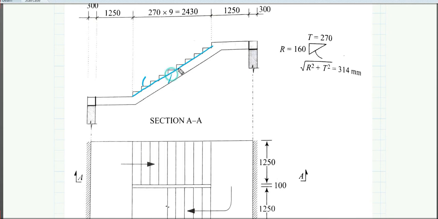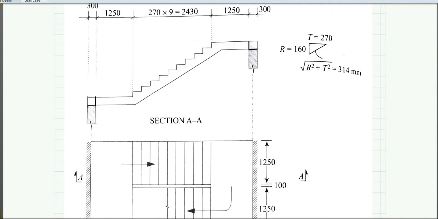The self weight of the waist slab should be considered, then the weight of the steps, as well as the finishing load and live load. While considering the landing, you have to consider its self weight, with a thickness of 200 mm, so the self weight will be somewhat less. There will be no steps, so only live load and finishing load should be considered over the landing. So in two steps we will calculate the total load.